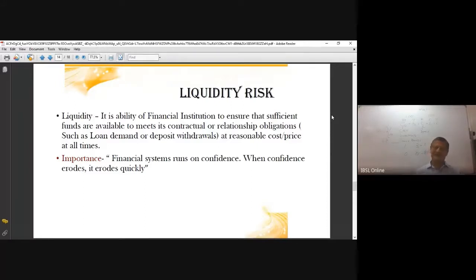And similarly, if something of this nature happens where you are unable to oblige a customer with liquidity when it is required, you run into loss of confidence. And loss of confidence might finally even go up to a run on the bank, where all depositors want to withdraw money.